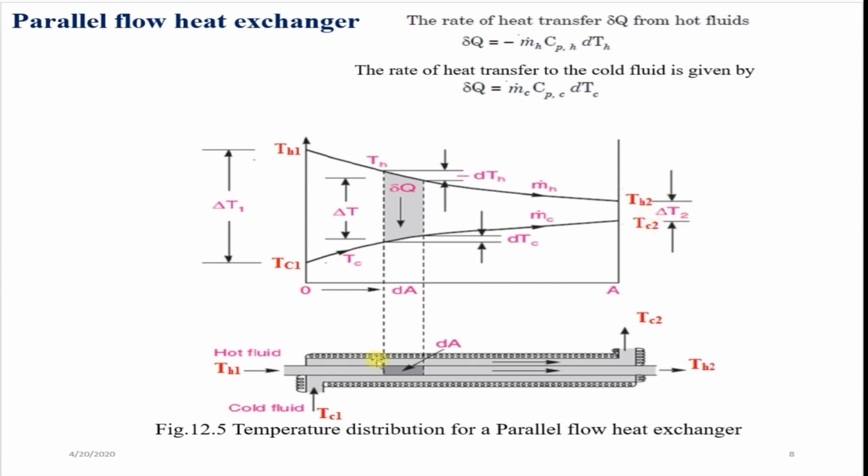For the analysis, we have taken a small part of this heat exchanger, an elementary area. For this elementary area, the heat transfer is delta Q. The temperature difference is Th minus Tc. The negative sign is introduced because the temperature of the hot fluid goes on decreasing along the length of the heat exchanger.